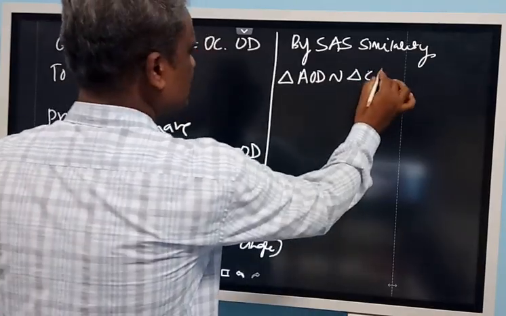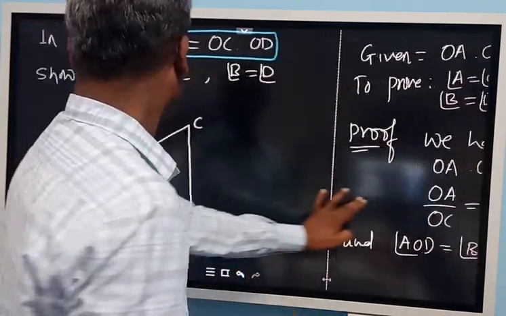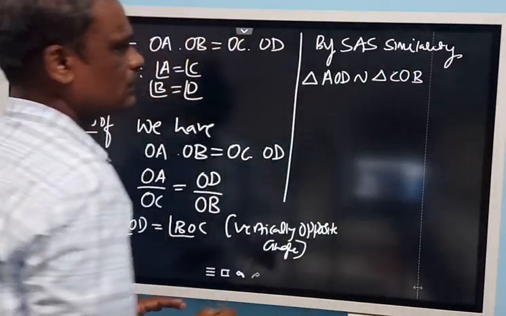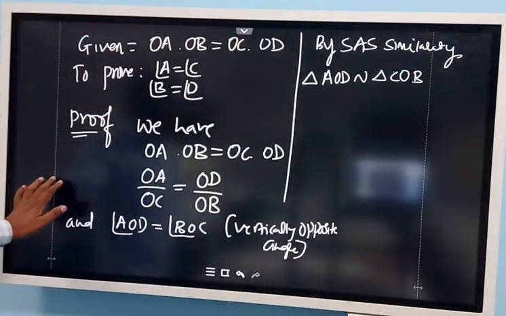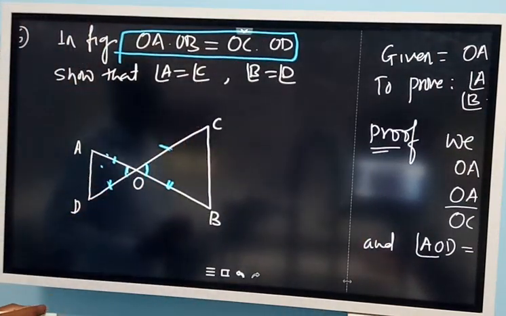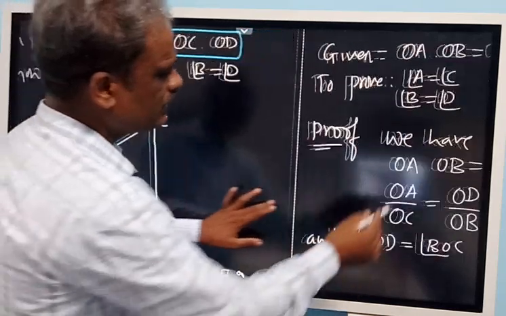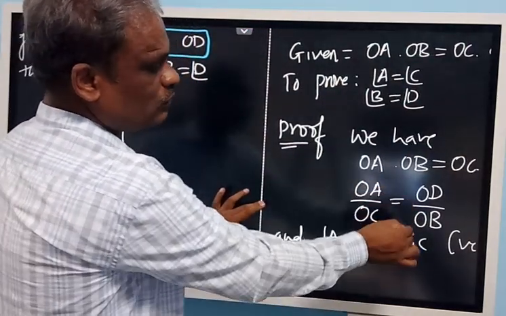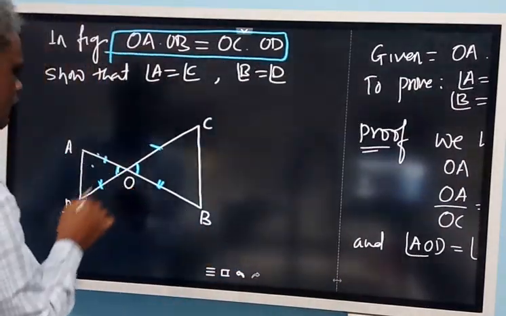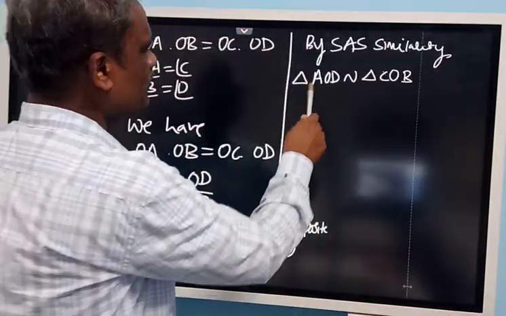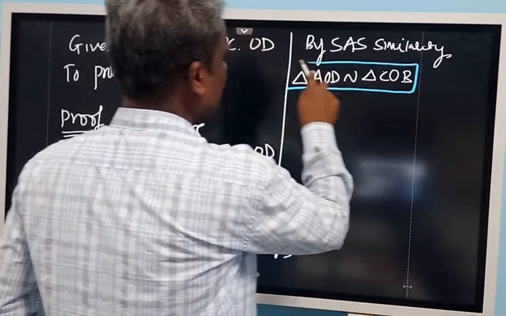O, O same. For D, it is B only. So I can write triangle AOD similar to triangle COB because we have OA by OC. Look at this OA by OC. So O corresponds to O, A corresponds to C. So OD by OB, therefore D corresponds to B. So therefore I have written, these two triangles are similar.